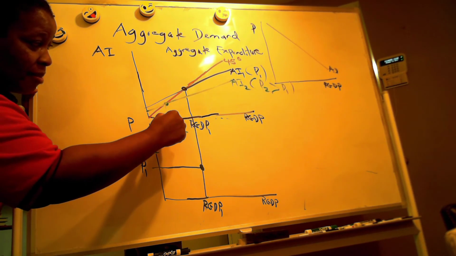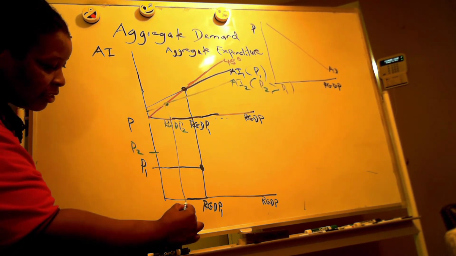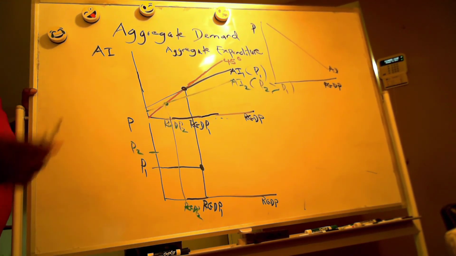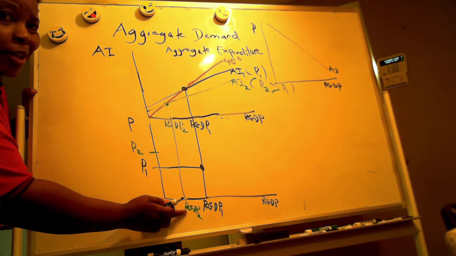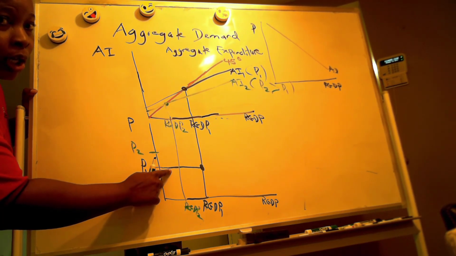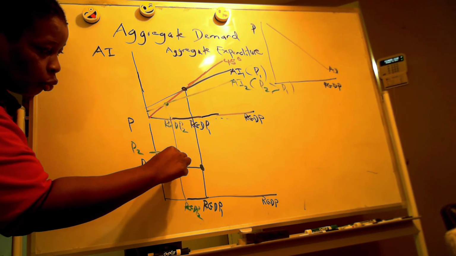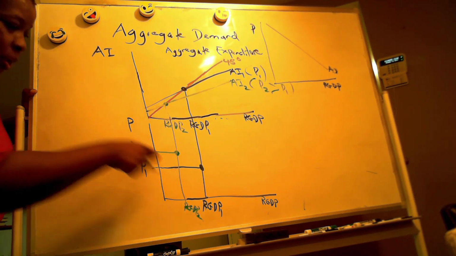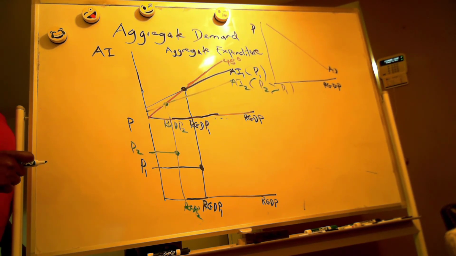Now, you remember, this is also our GDP2 in this space. Now be careful. Our GDP2 coincides not with P1, but with P2 right here. It's the prices going up while we had that new RGDP2. So this is the new point.